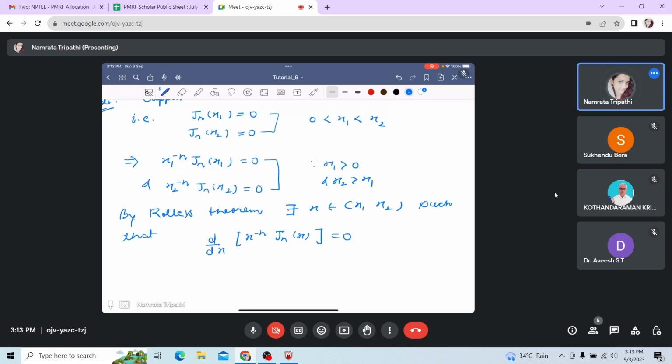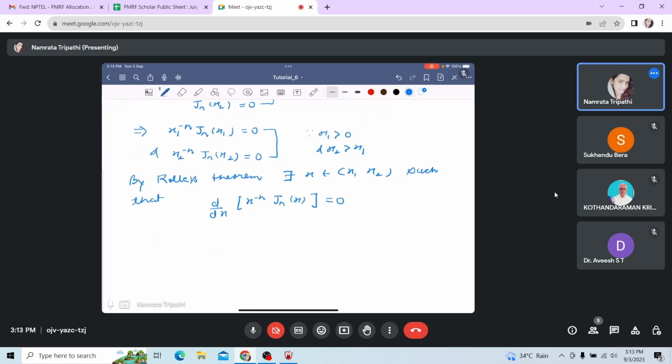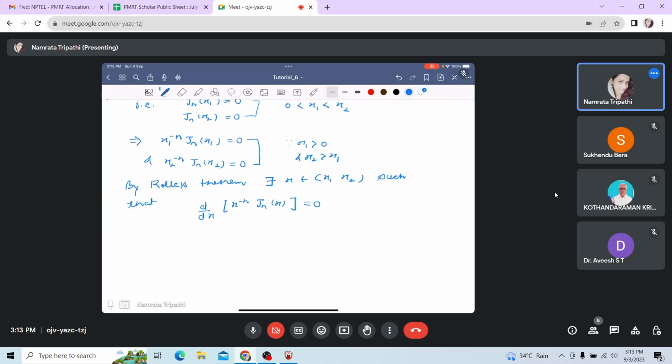Is it clear? So the derivative of the function is equal to 0 at some x between x1 and x2.